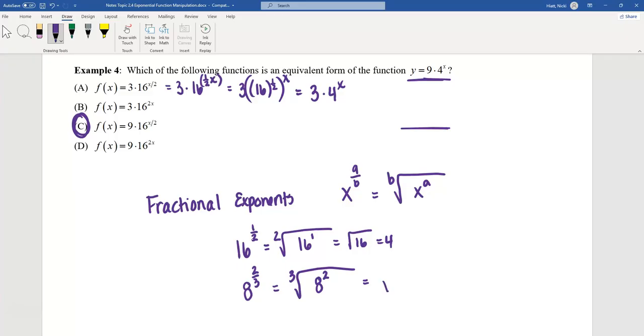You can write it this way, or you can do cube root of 8 squared like that. Because as fractional exponents, we could switch them there. And what is the cube root of 8? 2. So we're looking at 2 squared, which is 4. So some of the problems you're going to do, you're going to run into some of these fractional exponents right here, and this is going to be something that you have to work with.